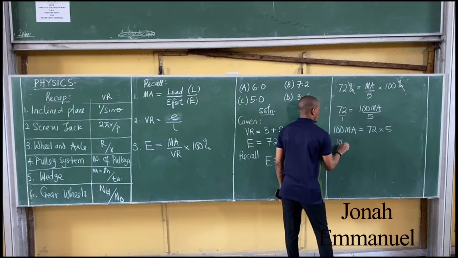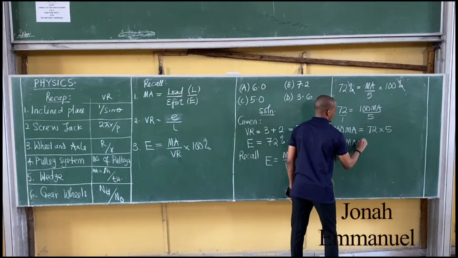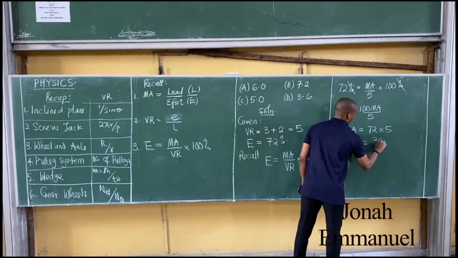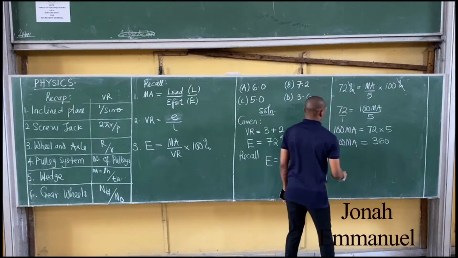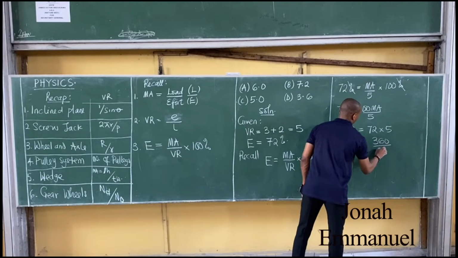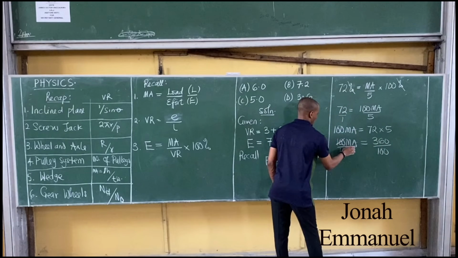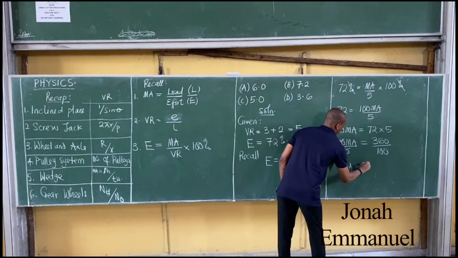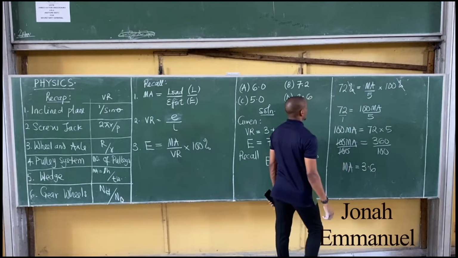This gives you 100 mechanical advantage is equal to what do you guys have? 360. Okay? So divided by what? 100. Divided by 100, this cancels this. So hence, mechanical advantage is equal to 3.6. What's your unit?